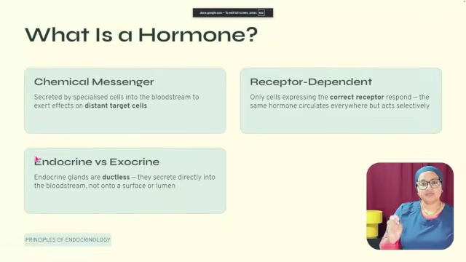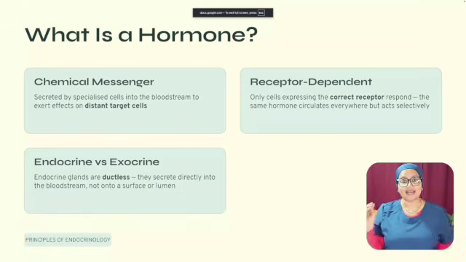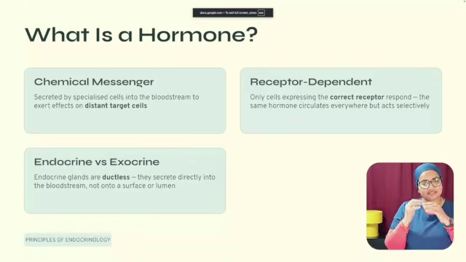Okay, now there is another important definition that I want people to understand. Endocrine versus exocrine. An endocrine gland is a ductless gland. The word gland means it's the tissue that secretes something, okay? Tissue in the form of an organ that secretes some chemical.